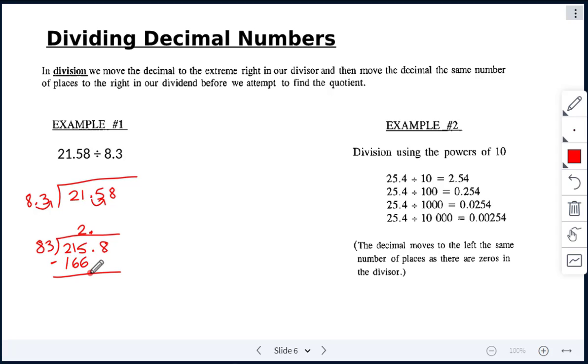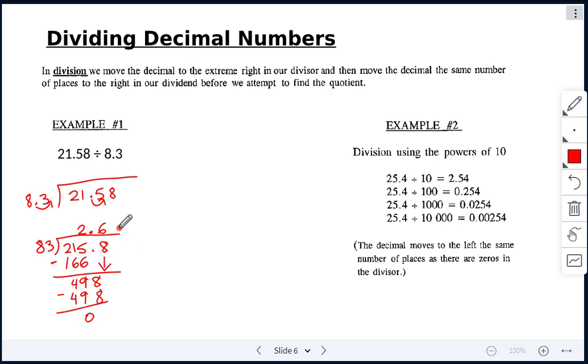So 215 minus 166. And then we bring down this 8. So subtract first. This gives me 49. Then we bring down our 8. So it becomes 498. And then we have to figure out what goes into 498 without going over. It's 83 times 6 gives me 498. So there's no remainder in this example.